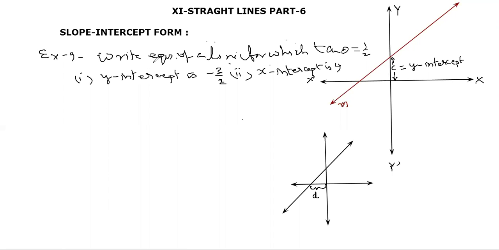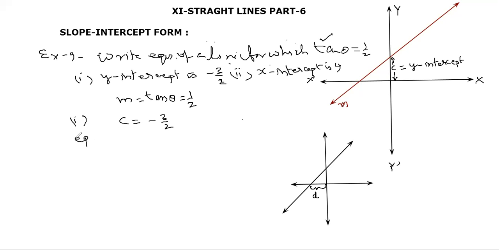The question will be maybe like this: write the equation of a line for which tan theta. Now instead of giving m, they have given tan theta. So you know that m is equal to tan theta. The slope of the line m is equal to tan theta, and that is equal to 1 by 2. That means m is equal to 1 by 2. And y-intercept, in the first one, y-intercept we used to denote by c. So c is given minus 3 by 2.